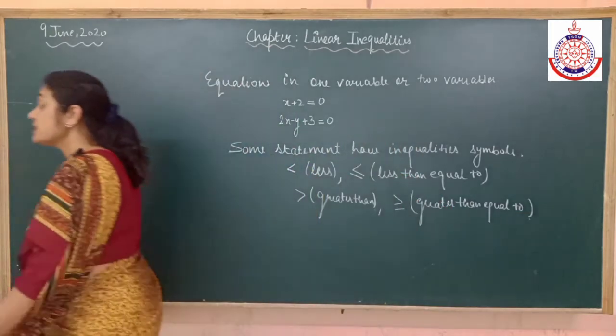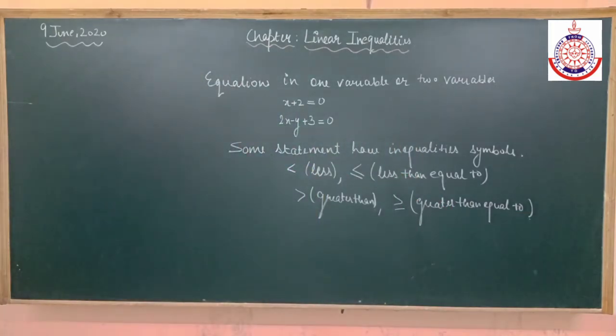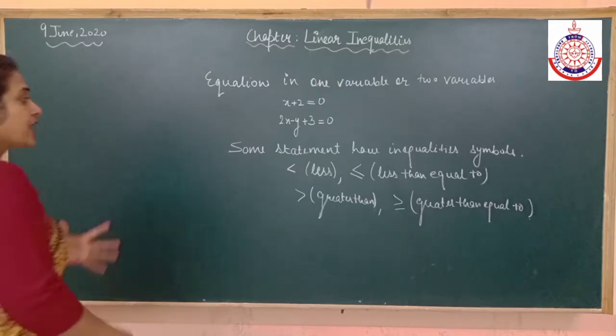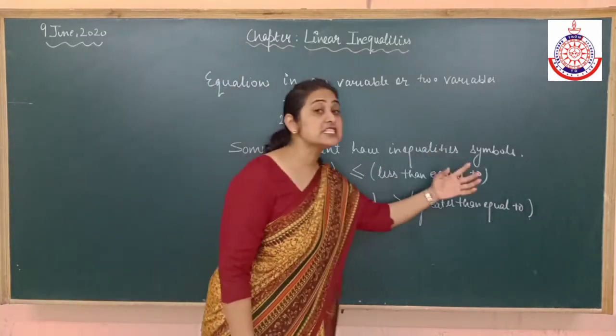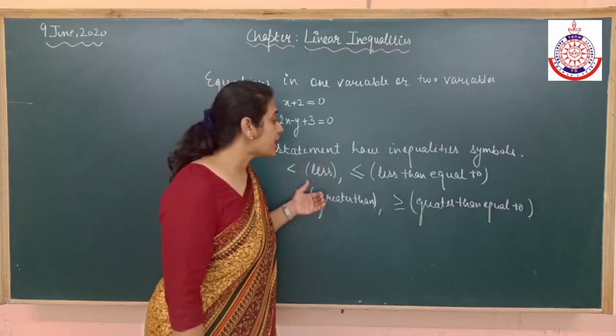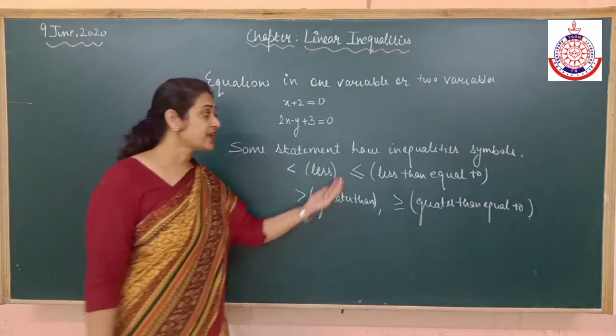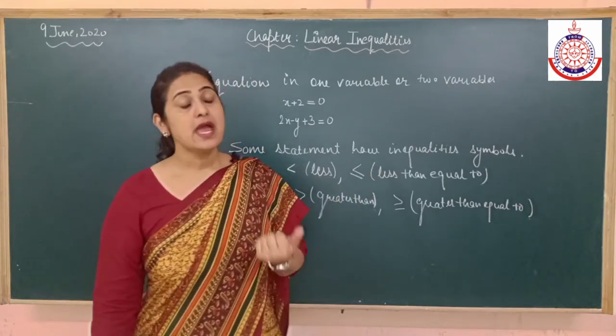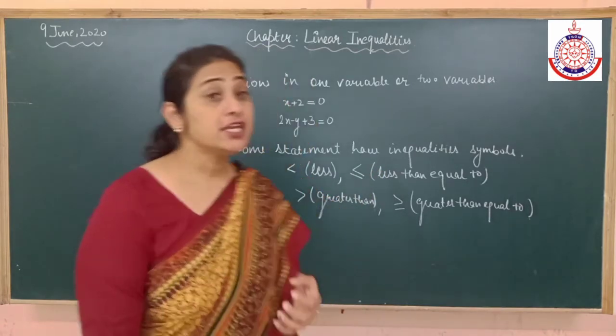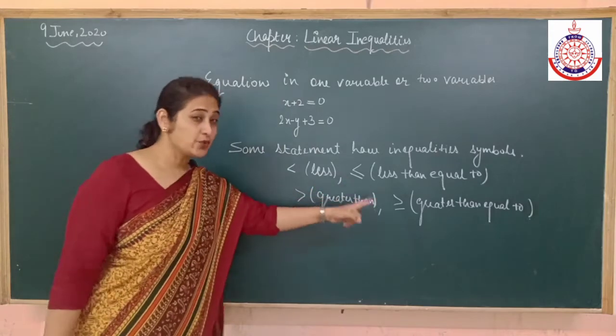There are certain statements which may not be converted into mathematical situations. Those kinds of statements have certain symbols of inequalities. These are called inequalities, which are less than, greater than, less than or equal to, and greater than or equal to. And these terms are not new for you all.